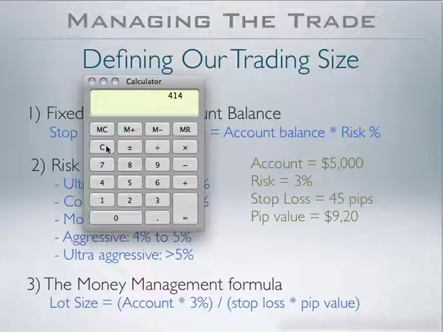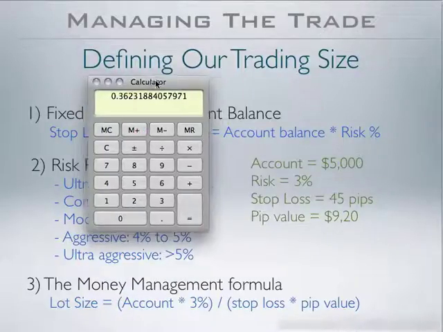So let's divide 150 by 414. Sorry about that. 150 divided by 414 is 0.36.